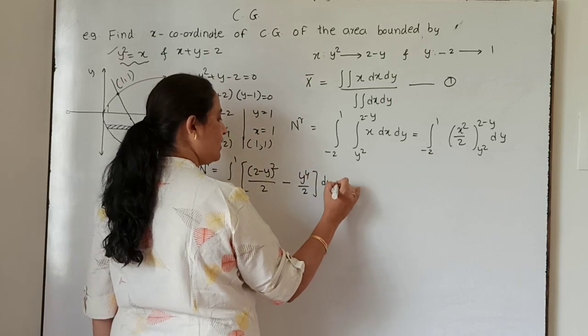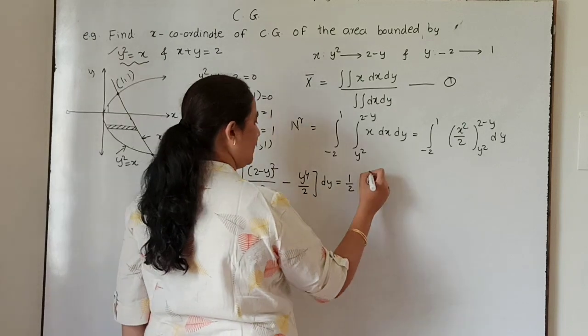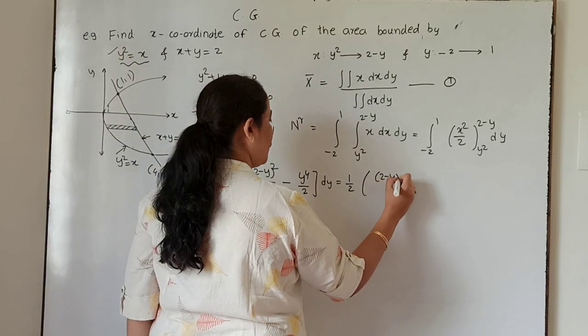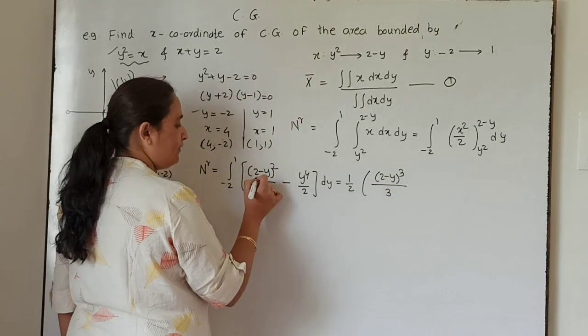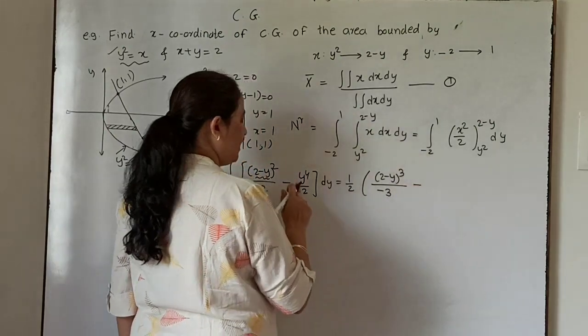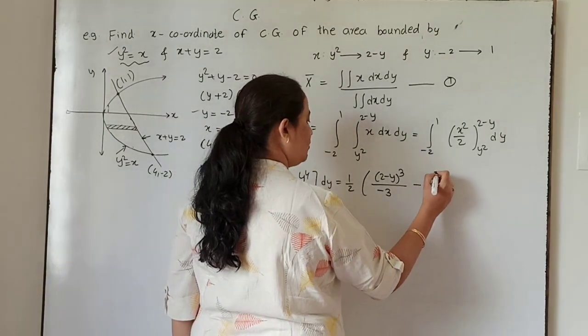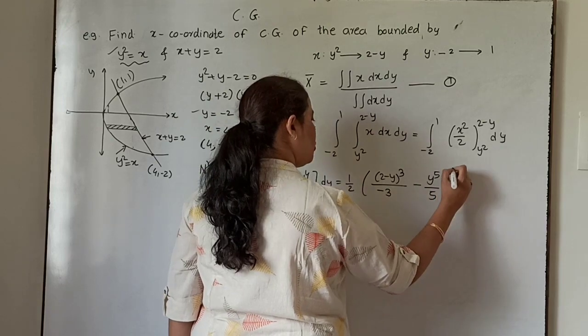Half is constant, take it outside. If I integrate this with respect to y, it is (2 minus y) cube upon 3 into the derivative of 2 minus y, that is minus 3, minus the integral of y raised to 4, which is y raised to 5 upon 5. Limits from minus 2 to 1.